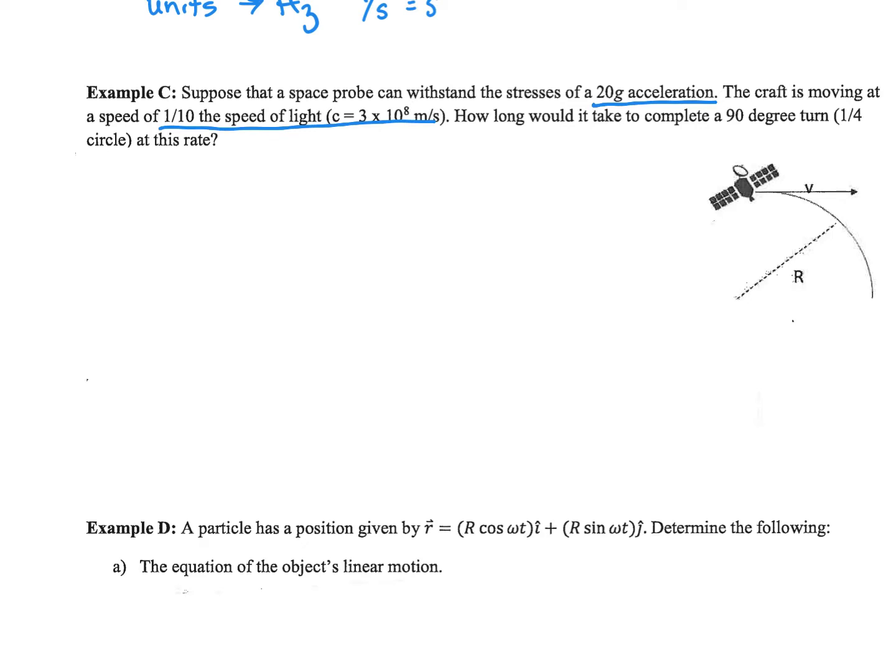They're giving us the stress in g's, so it's going in a circle. So a centripetal is going to be 20 g's, which of course is 20 times 9.81. So if we do that, 20 times 9.81, let me go grab a calculator here.